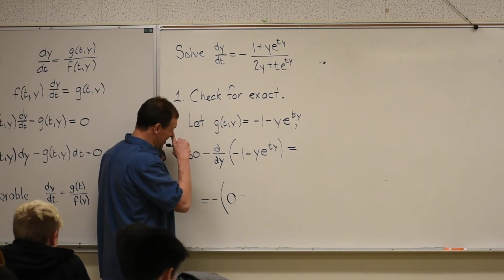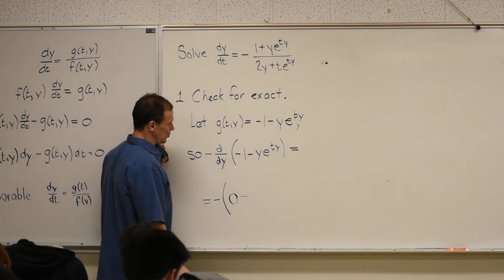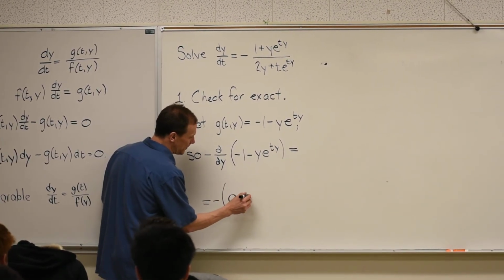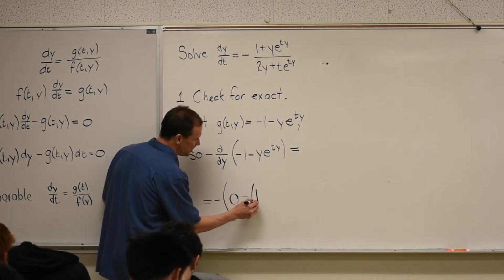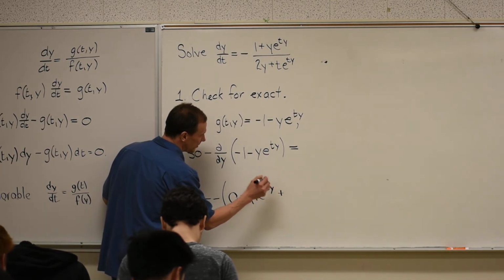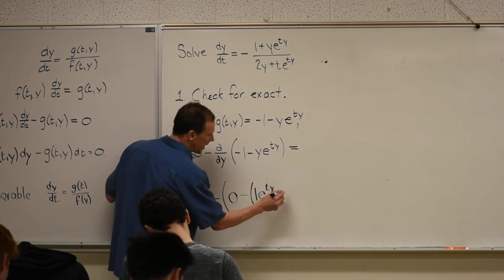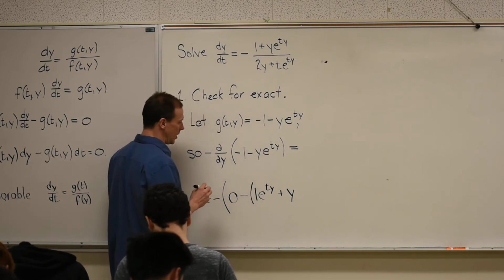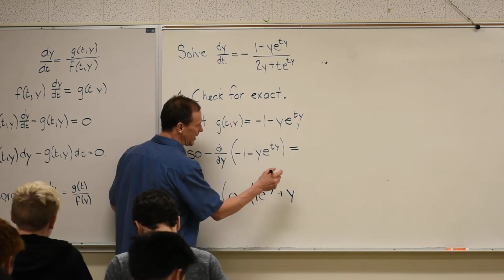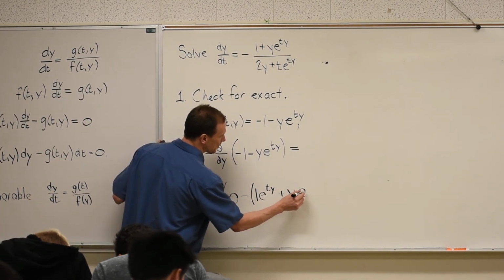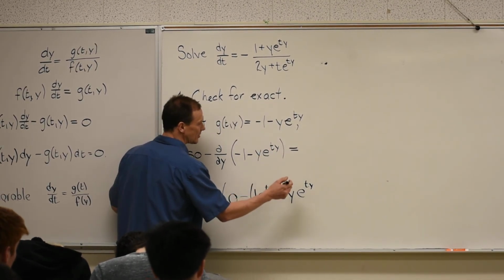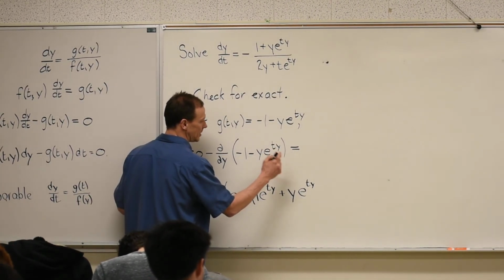Minus, now, the derivative of the first is 1, so minus, we have 1 times e to the ty plus y times the derivative of the second, which is e to the ty times t, since y is the variable.